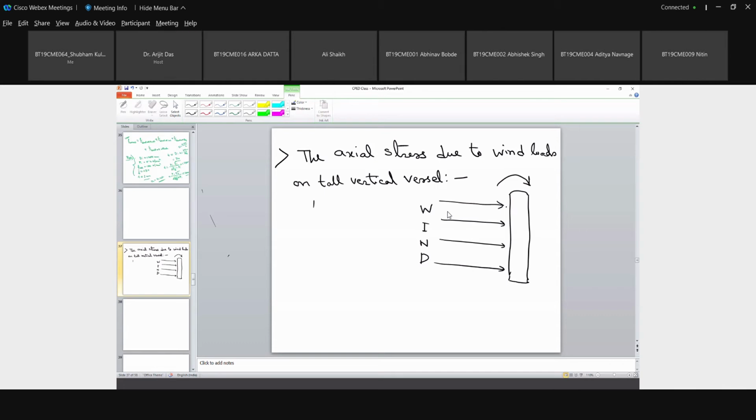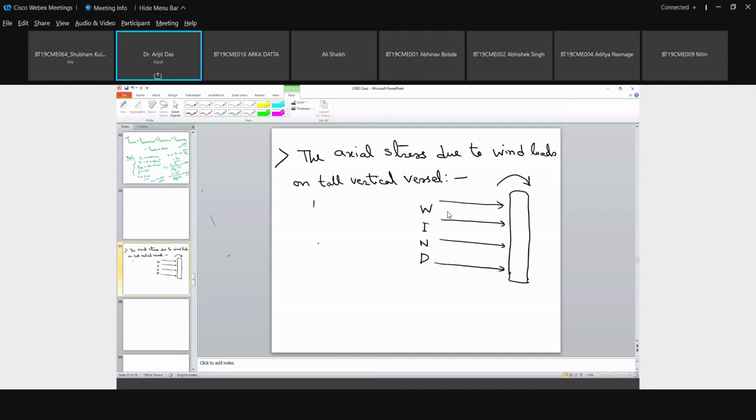Due to this wind force, the wind will have a thrust on it, and the vertical vessel will tend to bend. The wind will induce a bending moment. So today we will see the effect of the wind on a vertical vessel.